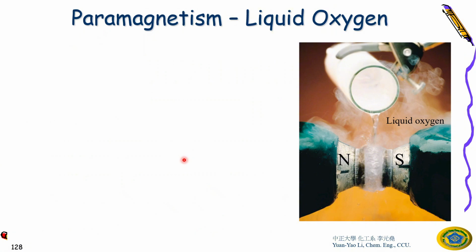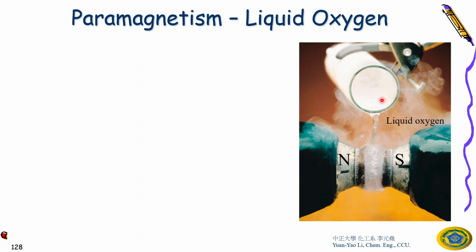I don't know whether you have seen this experiment or not. This is liquid oxygen, and the temperature is very low, below minus 200 Celsius. So it's liquid, and you have a high density of oxygen molecules, and because the temperature is very low, there is no disruption from the thermal energy.